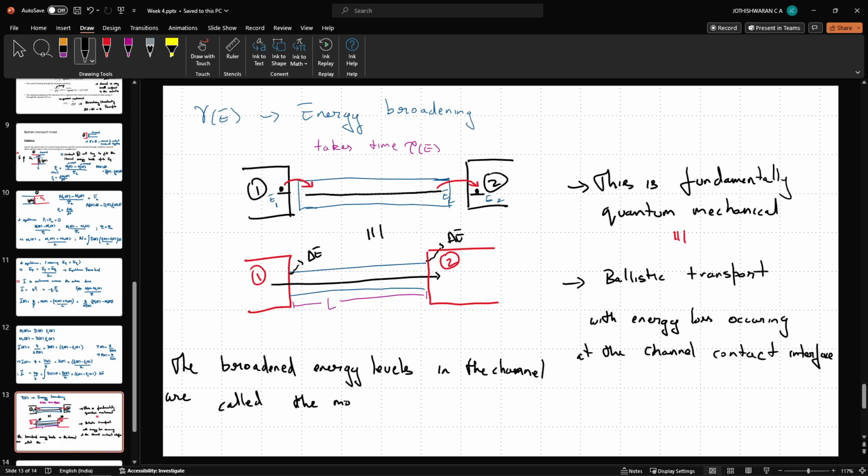Okay. So those define the modes. When we are talking about modes, essentially there is a certain range of energies that the electron can have to move through the channel from contact 1 to contact 2. So depending on the availability of these modes, conduction may or may not take place.